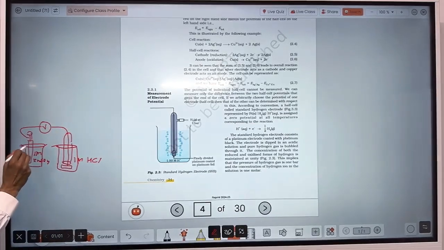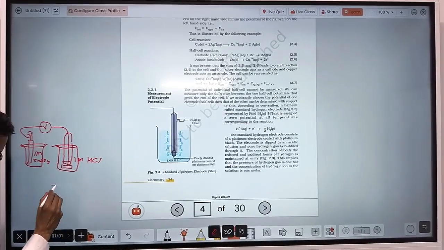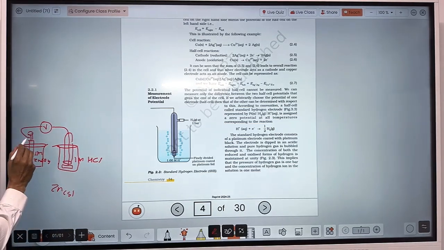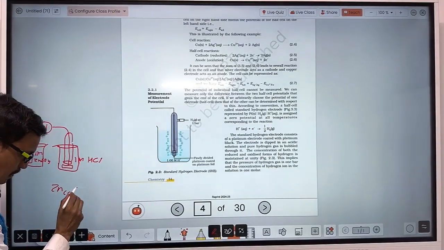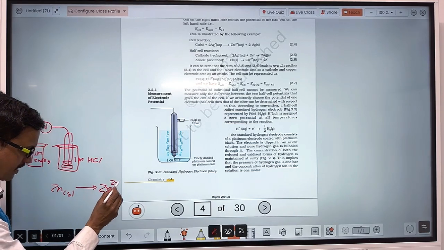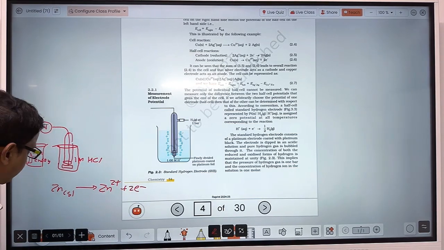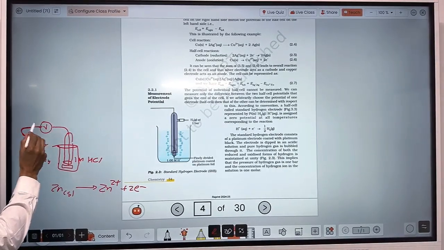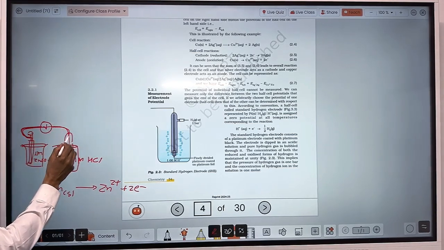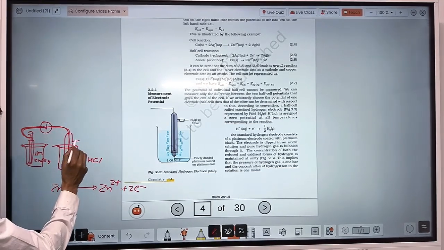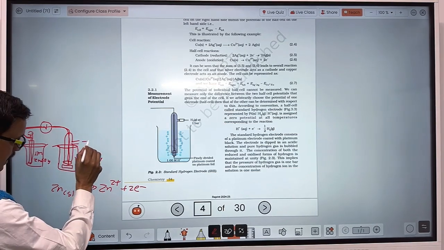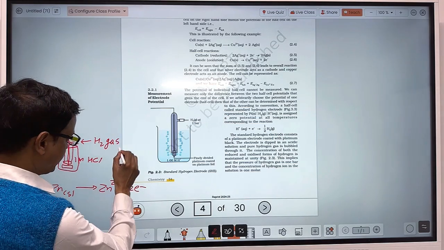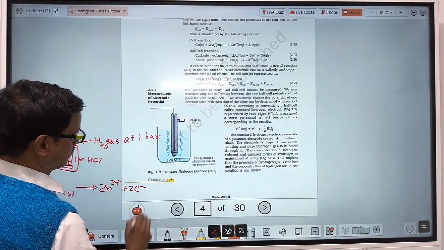Now, what happened? The zinc atom, existing in solid phase, will lose electrons, so that it becomes Zn2 plus and 2 electrons. That electron will flow from the anode to the hydrogen electrode. In this hydrogen electrode, hydrogen gas will pass through these pores at 1 bar pressure.